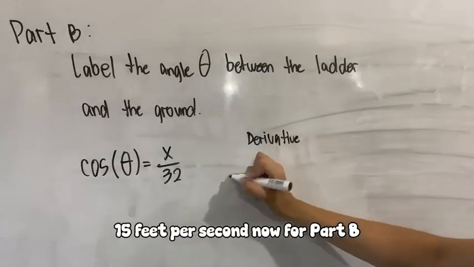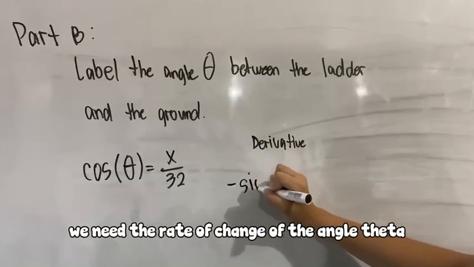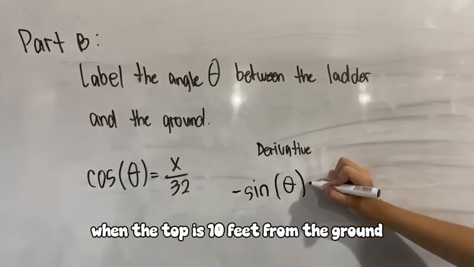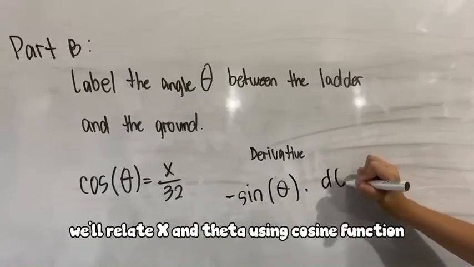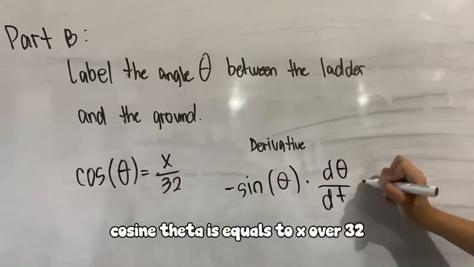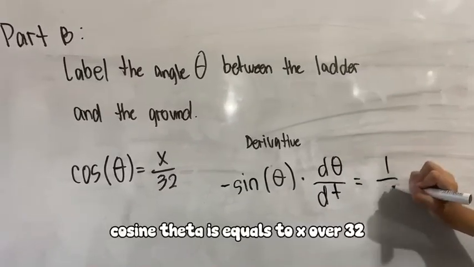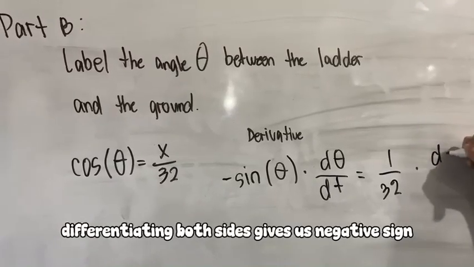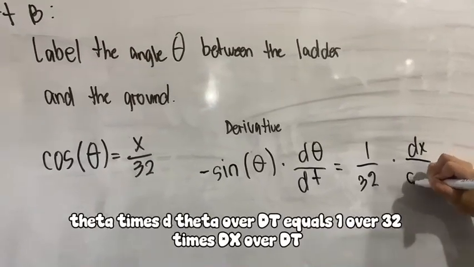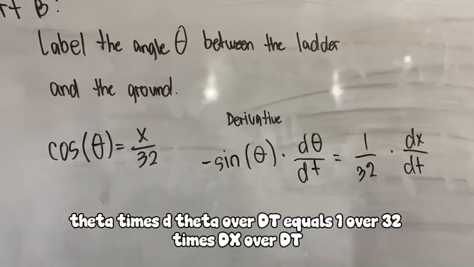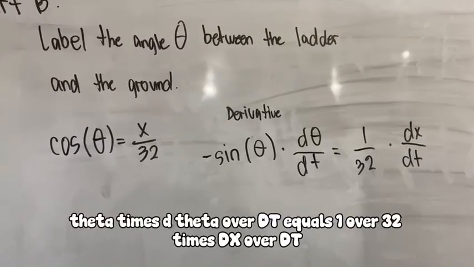Now for part B, we need the rate of change of the angle theta when the top is 10 feet from the ground. We'll relate x and theta using the cosine function. Cosine theta is equal to x over 32. Differentiating both sides gives us negative sine theta times d theta over dt equals 1 over 32 times dx over dt.